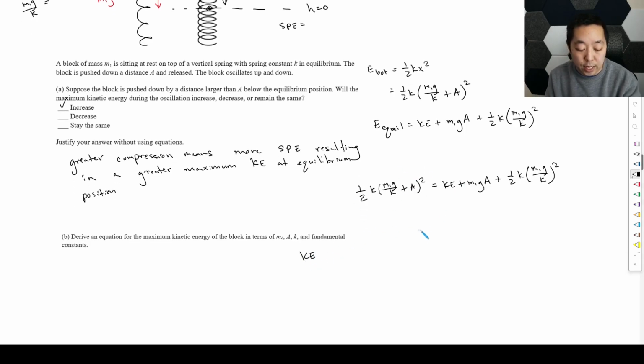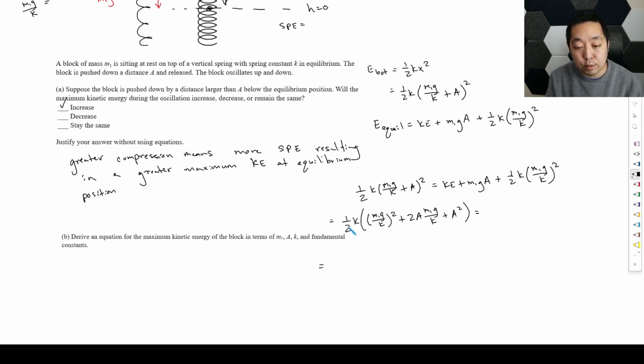Now, one thing that's nice that you can do, and this is why it's not obvious, because you might think this is a complicated expression: let's FOIL this thing out, expand it. This is 1/2 k, first term squared, (M1g over k) squared, plus 2 times this, so 2A M1g over k, plus A squared, and that's going to equal this part here.